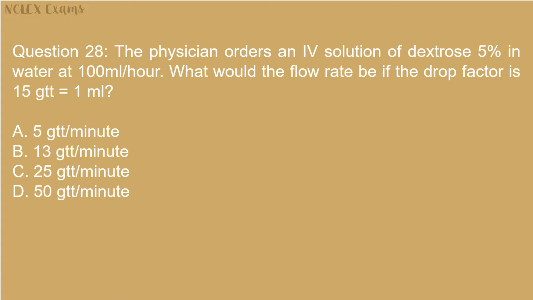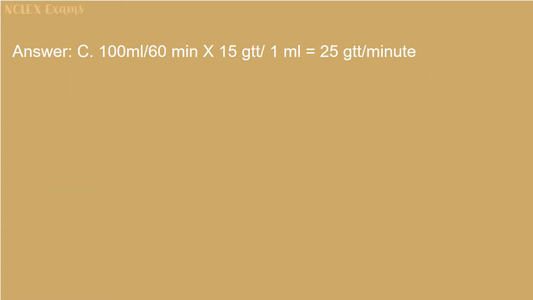C. 25 GTT/minute. D. 50 GTT/minute. Answer: C. 100 milliliters / 60 minutes x 15 GTT / 1 milliliter equals 25 GTT/minute.